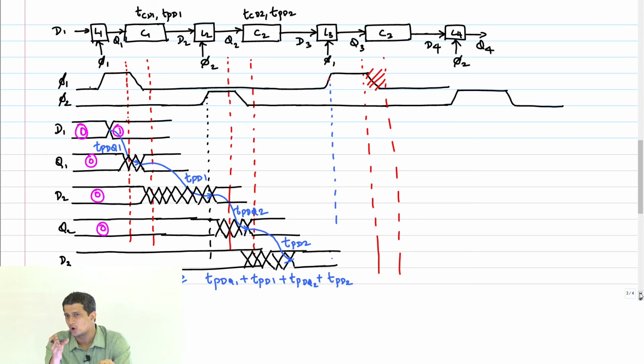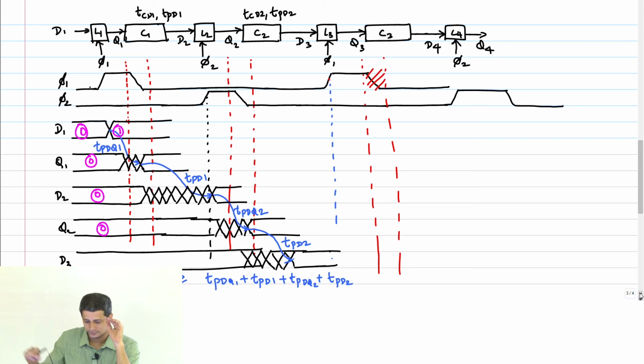Basically that depends on how much time you are borrowing. Even before phi2 went high, usually you would have wanted to complete your operation before that. But now I'm saying I will borrow time in the on cycle of phi2. So the question is, how much time can I borrow? That is also a constraint that we have to worry about.